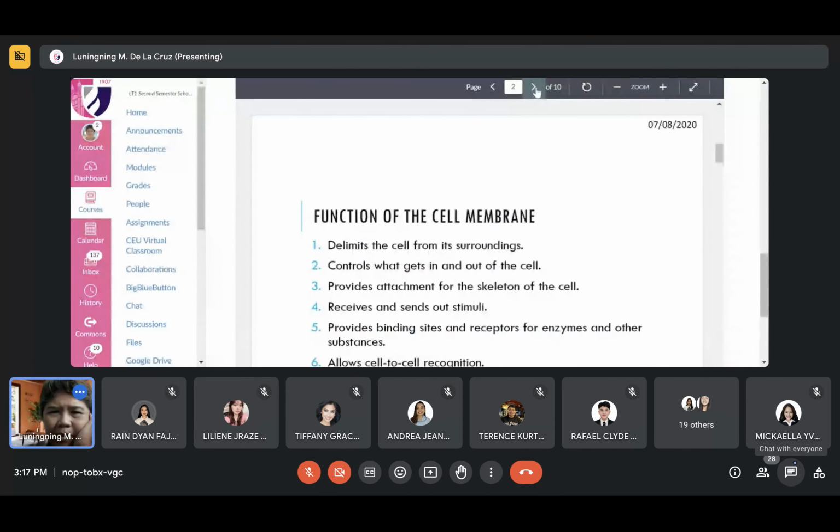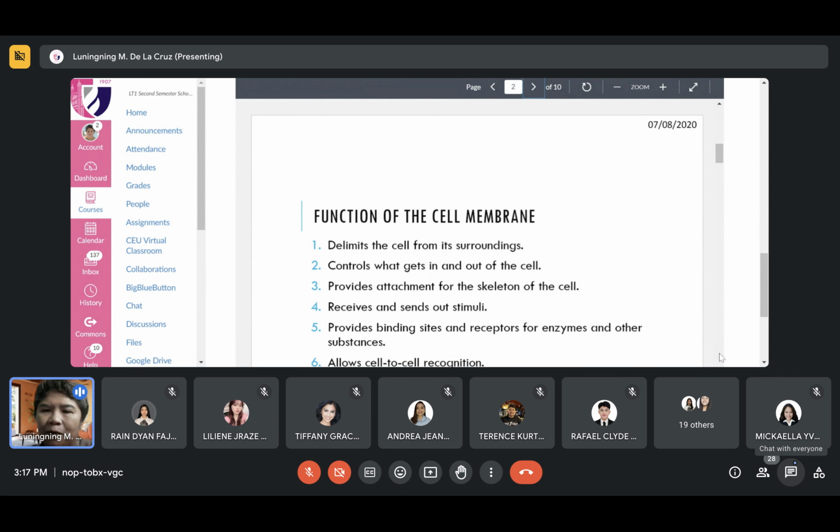So the cell membrane is the membrane that delimits the cell from its surrounding, controls what gets in and out of the cell, provides attachment for the skeleton of the cell, receives and sends out stimuli, and provides binding site and receptor site for enzymes and other substances.